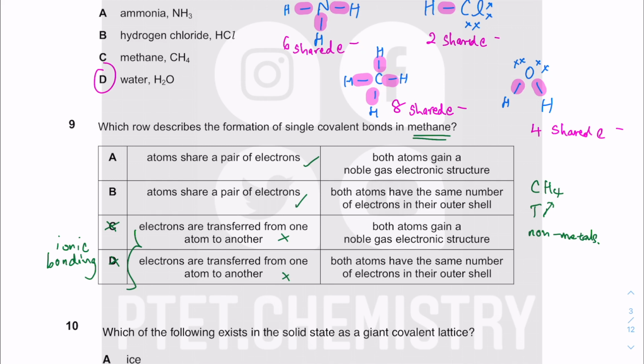So each hydrogen will have helium's electronic configuration, and therefore they both get a noble gas electronic configuration. That's the whole idea for forming the covalent bond in the first place. They do not have the same number of electrons in the outer shell, because you have to think about helium versus neon. Okay.